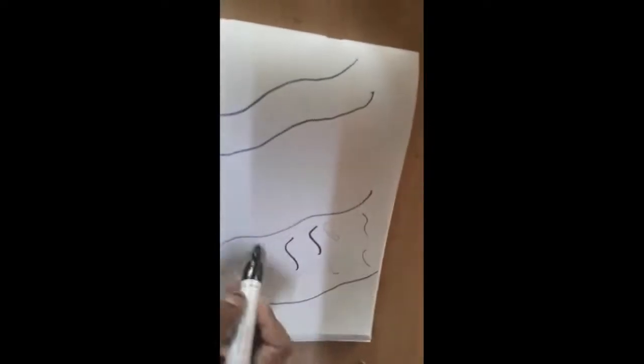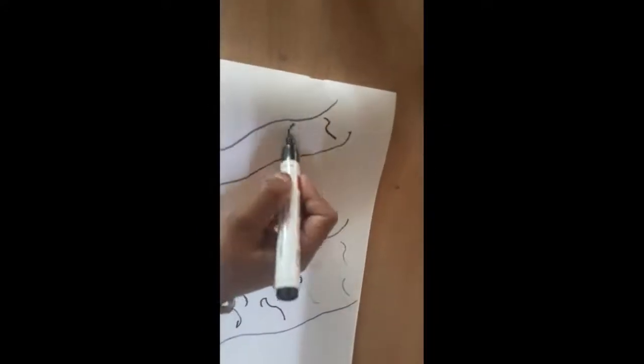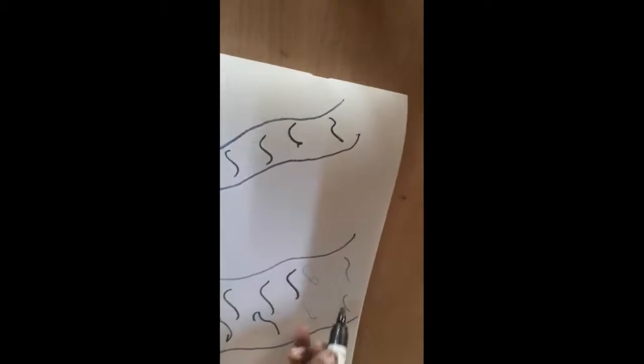Can anybody guess the difference between these two rivers? Yes, one is wide and one is narrow. Now tell me, which one is wide? This one or this one? This one is wide. We have to check the width of the river. See, check. This is narrow and this is wide.